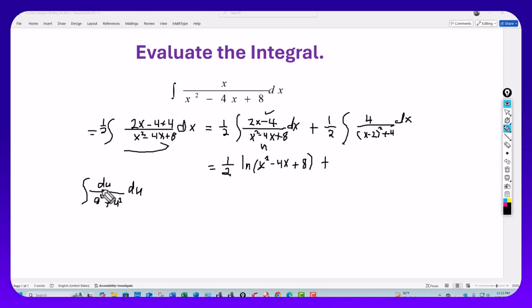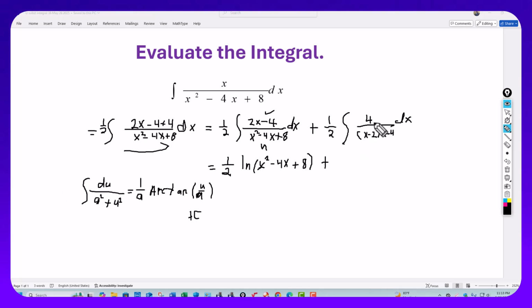So it's the integral of du over a squared plus u squared. The value of this integral, anything in that form, is 1 over a. A is a constant here. Notice it's a squared there. And then you have tangent inverse. So it's 1 over a arctangent, or tangent inverse, of whatever u is over a, plus the constant of integration.